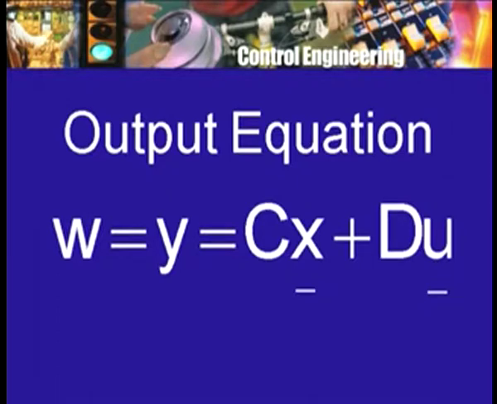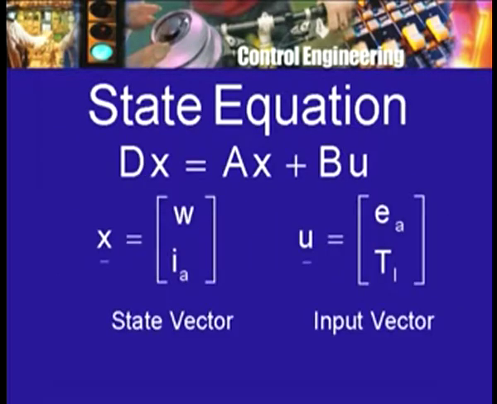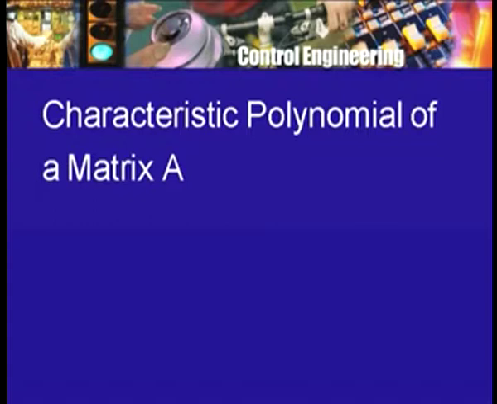Now, when you try to solve this differential equation, you come across what we have come across earlier. You come across the characteristic polynomial. This time the characteristic polynomial is associated with the matrix A. So, you introduce the idea of characteristic polynomial of the matrix A. Earlier I talked about a single higher order differential equation and the associated characteristic polynomial.